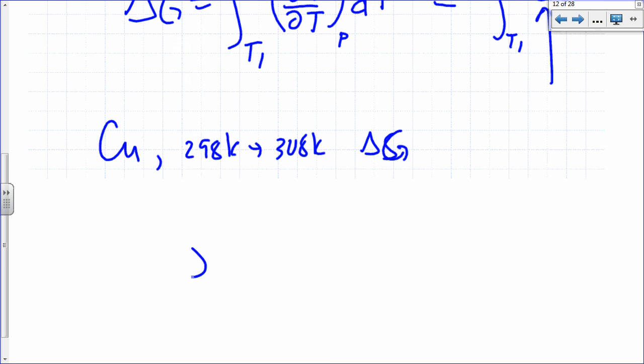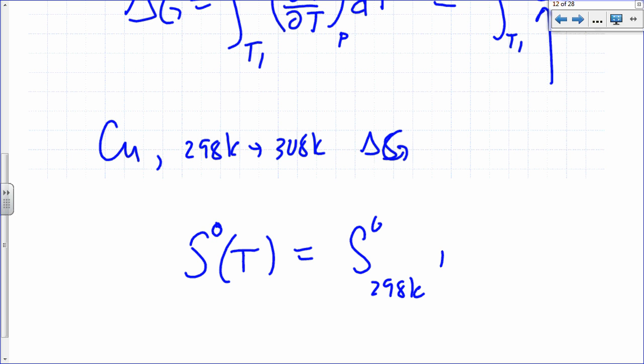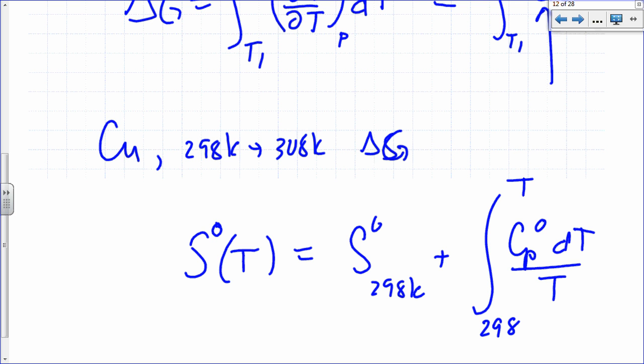Let's just use standard values, so let's just do 1 bar pressure. So the entropy at a given temperature would be equal to the entropy at 298 Kelvin plus the integral of Cp dT over T, from 298 Kelvin to whatever T you're interested in.